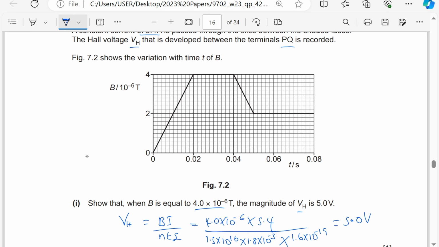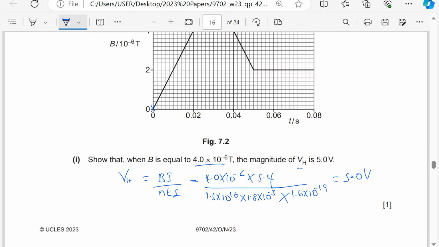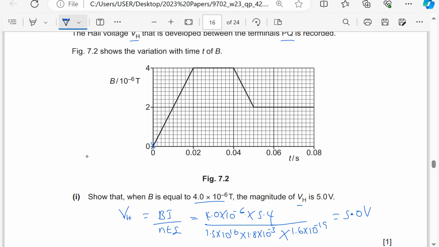When B is 0, VH must be 0. When B reaches its maximum value at 0.02 seconds, B is maximum. That means VH is going to be 5. So here this is going to be 5. And when B remains constant, VH also remains constant.